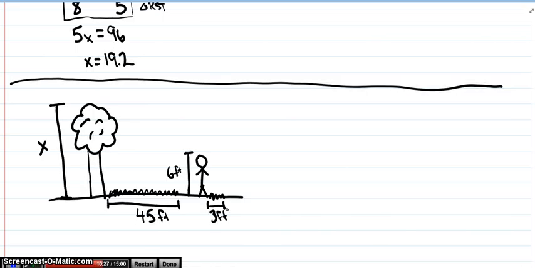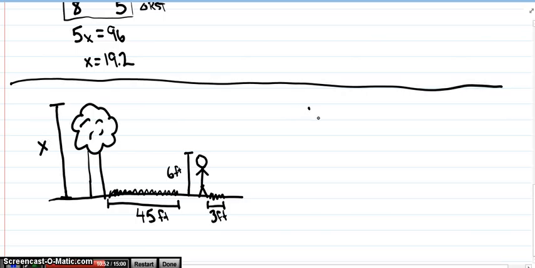So we have a tree, don't know how high it is. Its shadow is 45 feet long. And then you are 6 feet tall and you cast a shadow of 3. So those would be proportional because no matter where you are, each person's shadow would be proportional to its height. So let's look here. I'm going to do the way where we correspond each fraction to its own shadow.